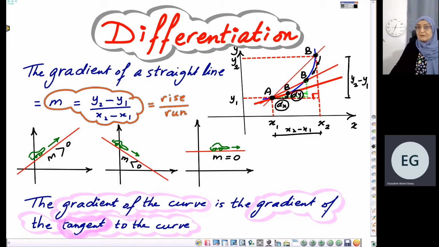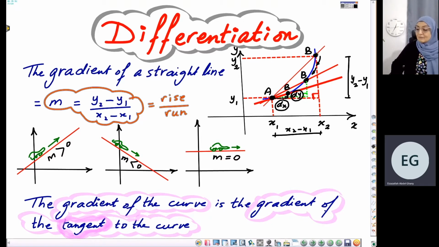And now the gradient of the tangent to the curve: as point B approaches point A, this red line is becoming like that, and then like that, until the line segment turns into a tangent. Tangent means touches.